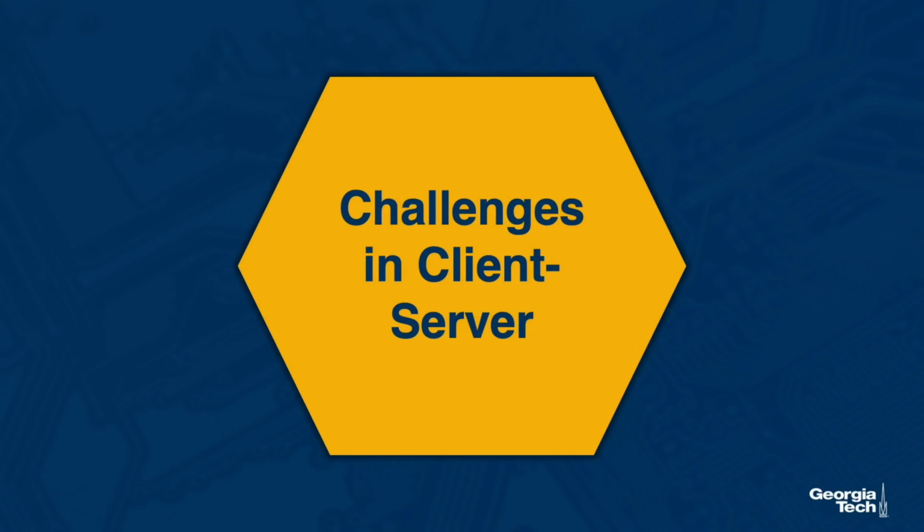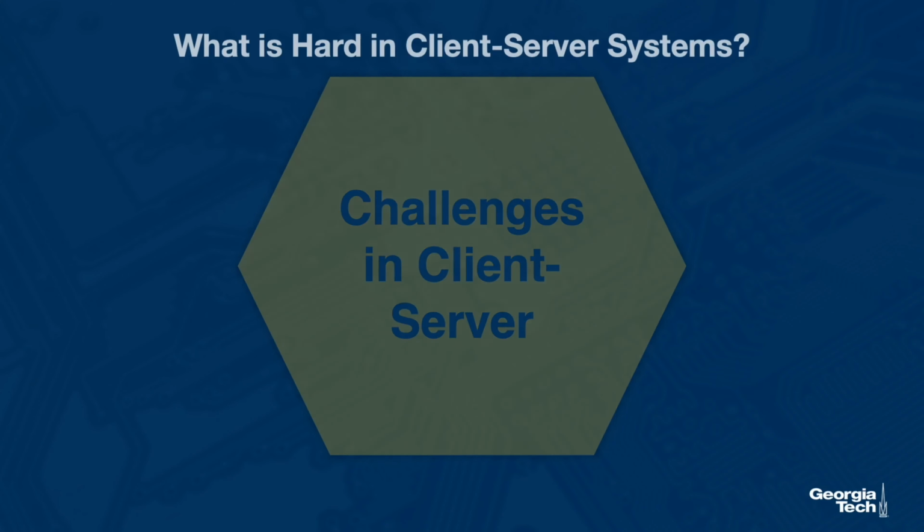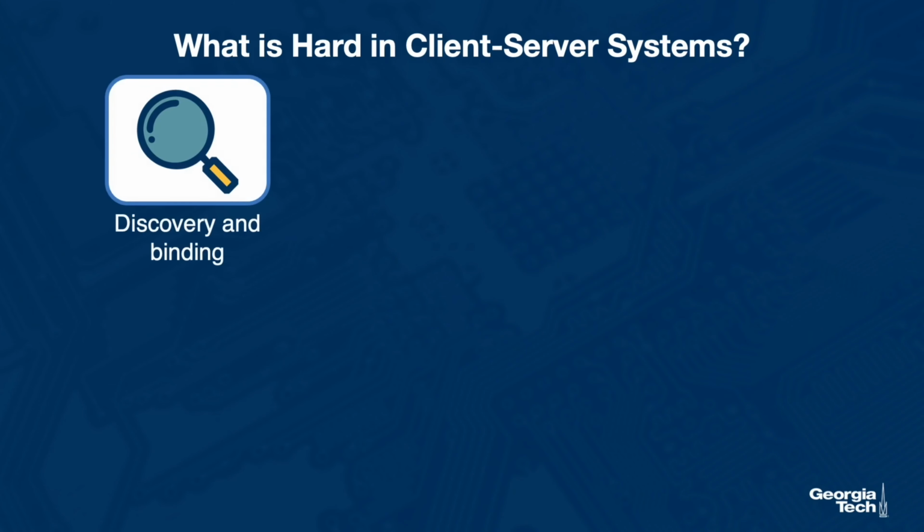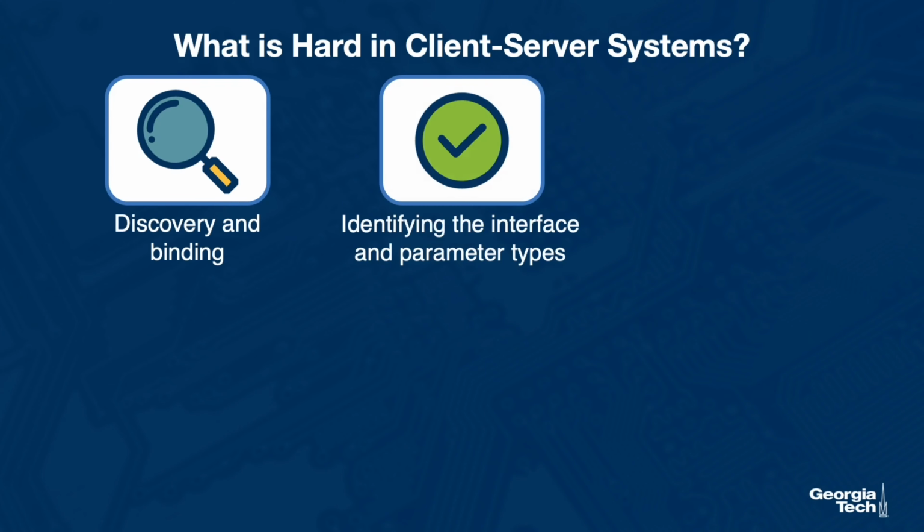What are some of the things that are difficult when it comes to client-server architectures? Well, we have already mentioned some of them. The client needs to find the server it is going to contact and, if necessary, to establish a connection. It needs to know ahead of time how to identify the operation it wants to request and which parameters it is allowed to pass.